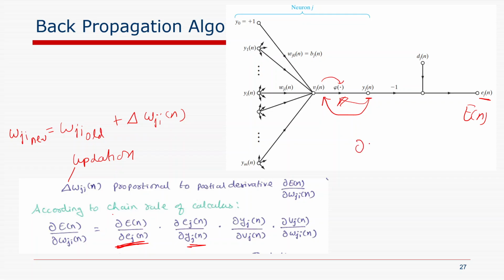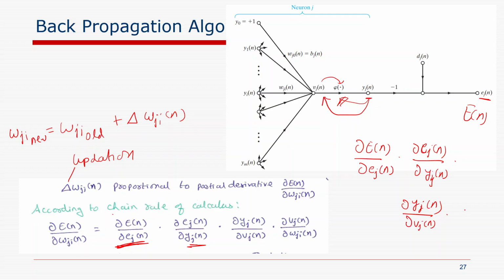That is, differentiation of e of n with respect to the small ej of n, and then this ej of n is coming from the yj of n, and then this yj of n is coming from vj of n, and then this vj of n is from wji of n.